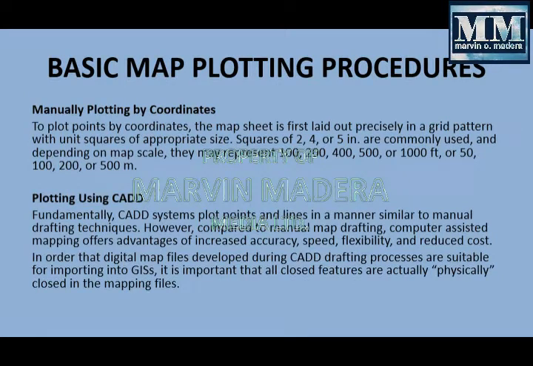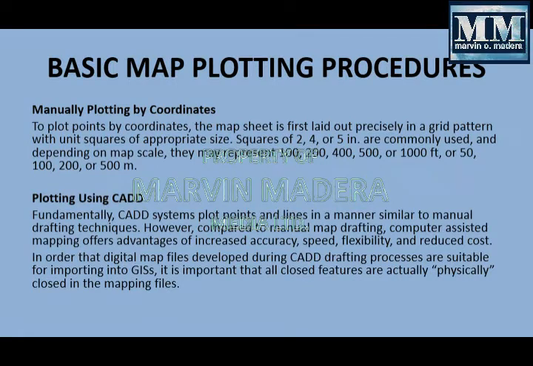But for plotting using CAD, fundamentally CAD systems plot points and lines in a manner similar to manual drafting techniques. However, compared to manual map drafting, computer-assisted mapping offers advantages in increased accuracy, speed, flexibility, and reduced error. In order that digital map files developed during the CAD drafting procedure are suitable for porting to GIS, it is important that closed features are actually physically closed in the mapping files.